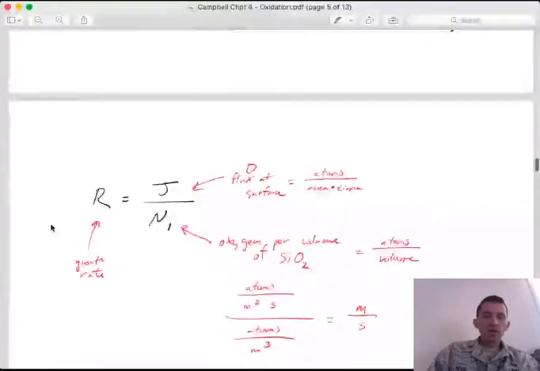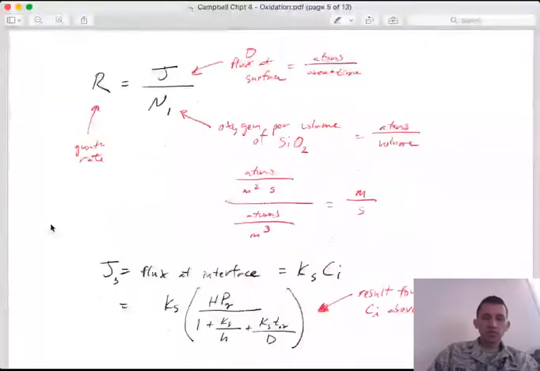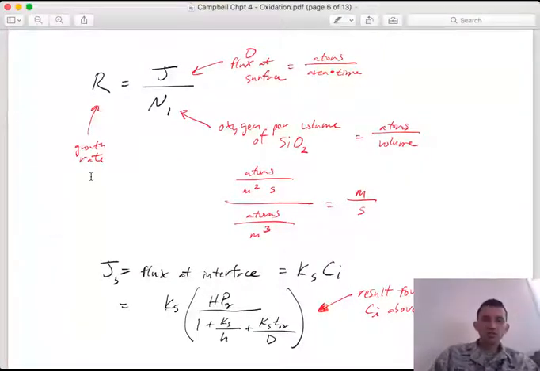Okay, so we have an expression for the concentration at the interface, but we don't yet have a growth rate, which is what we need to predict the thickness as a function of time. So to get a growth rate, we're going to combine the flux, right? We have the flux at the surface, in atoms per area per time. And then we have an oxygen density per volume of SiO2. We're growing SiO2, so as we move oxygen atoms to that interface, they are becoming SiO2.